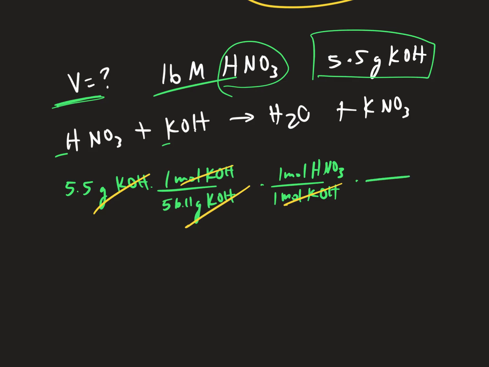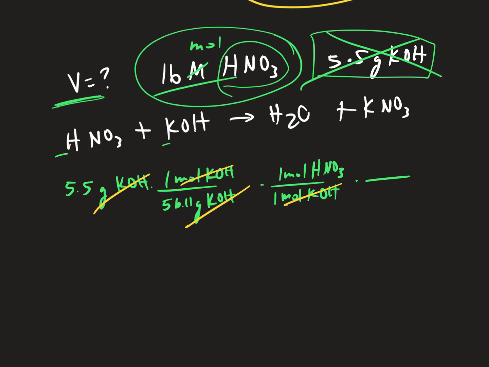Now what? Well, we used 5.5. We're not going to use that again. Can we use this yet? This is moles of HNO3 per liter of solution, right? Yeah, we have moles of HNO3, so can we put 16 moles on the bottom?